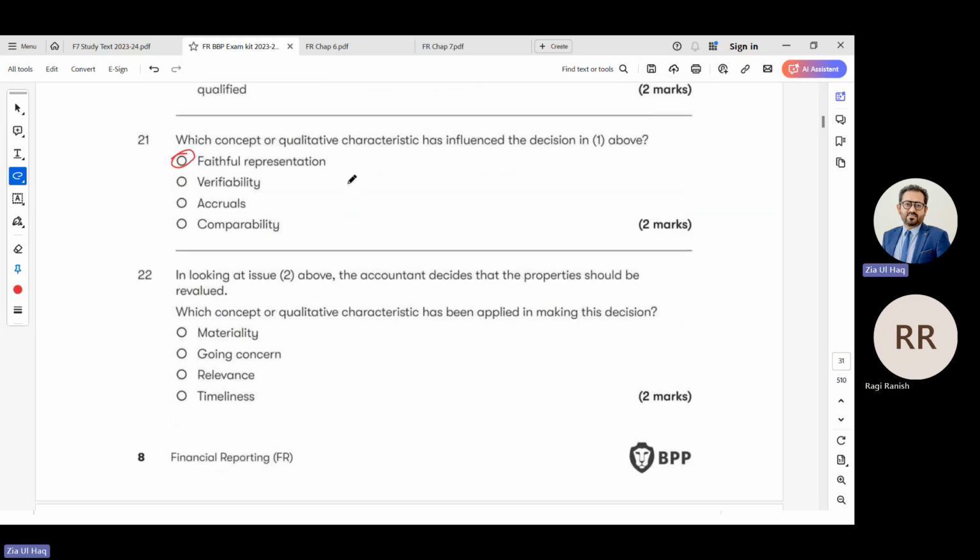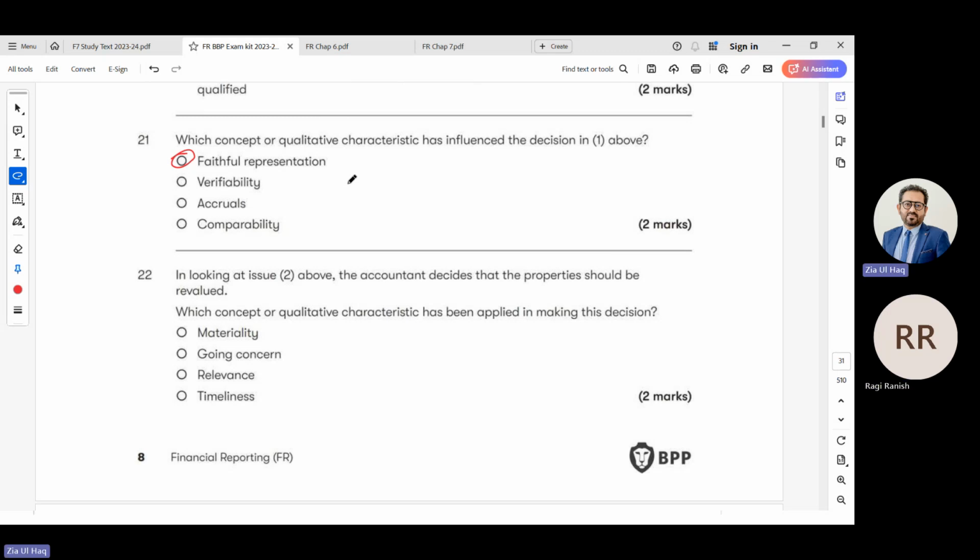So which concept of qualitative characteristics has been applied in making this decision? Materiality is not there. Going concern, timeliness, that is not there.